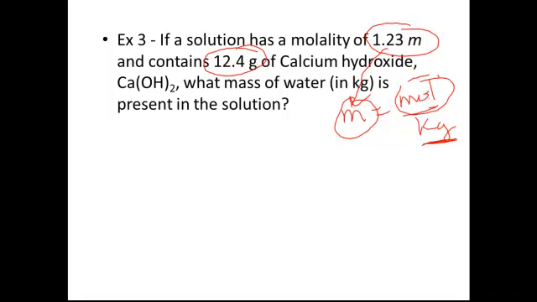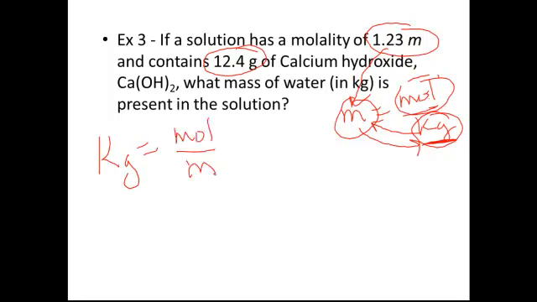Now, before we start putting numbers in there, let's rearrange our equation to get kilograms by itself. The easiest way is basically to switch the molality and the kilograms. You multiply both sides by kilograms, and then you divide both sides by the molality. So the equation becomes kilograms equals the moles over the molality.